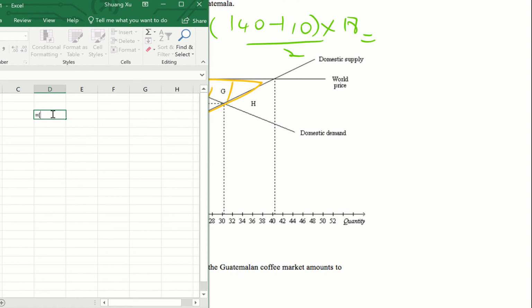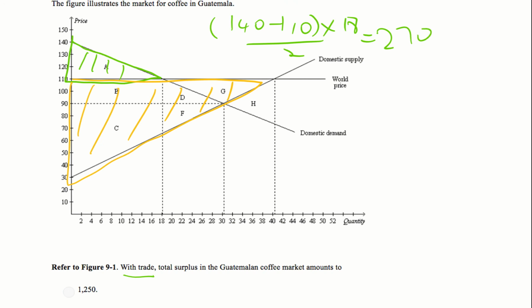140 minus 110 times 18 divided by 2, 270. And then the producer surplus from 30 to 110, so 110 minus 30 times the horizontal difference is 40 divided by 2, so that's 80 times 40 divided by 2, 1600.